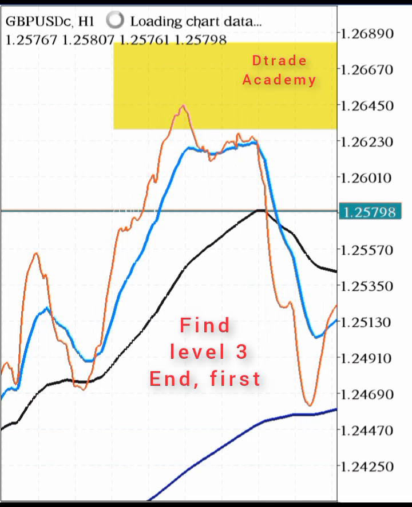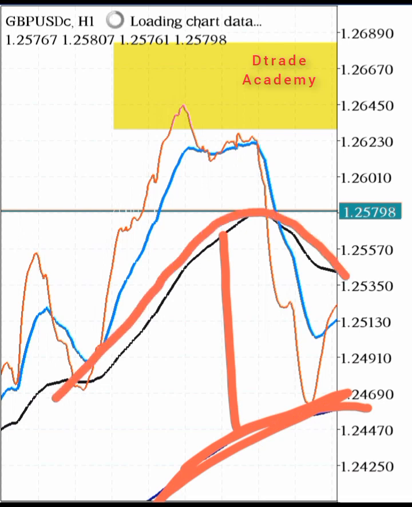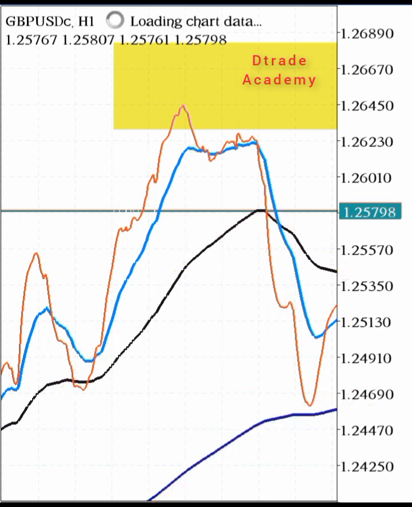And the end of level 3 is when we have our indicators spaced away from each other. You can see how our blueberry and our major, you can see the spacing between each other. And we can also see the spacing between our major and the water. Water is the blue indicator.